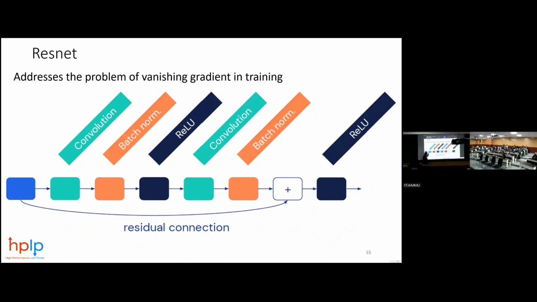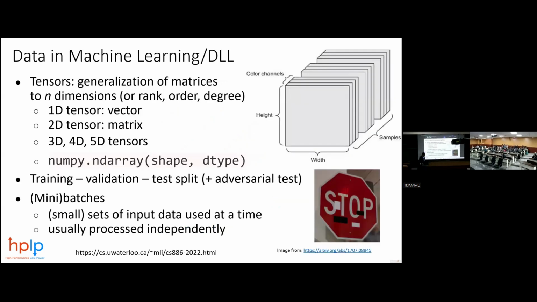Because once these things became very long, very deep, back propagation had trouble, and these residual connections helped with back propagation. So this vanishing gradient that we had in a recurrent neural network appeared in the non-recurrent ones as well. So this was ResNet. It was a big advance at the time.